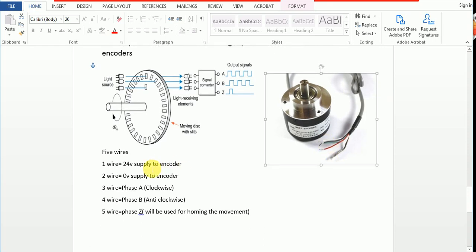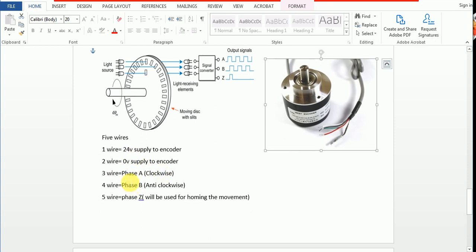One wire will be used for 24 volt, the second wire for 0 volt, and 3 will be phase A, phase B and phase Z. You can see phase A and B differ from each other by 90 degrees. At this position it is the 1 value, then it will be the 0 value.